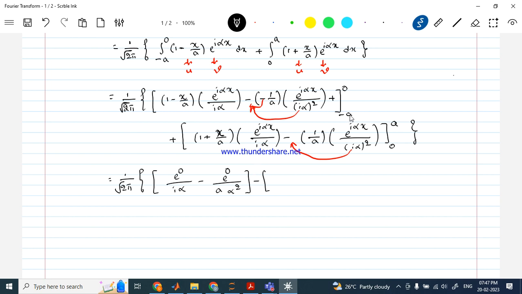When you substitute x is equal to a, minus into minus plus, a by a becomes 1, so it is 1 plus 1, which is 2, e power minus I alpha a divided by I alpha is our first expression. Second one, it is a negative sign again, e power minus I alpha a divided by a alpha square.